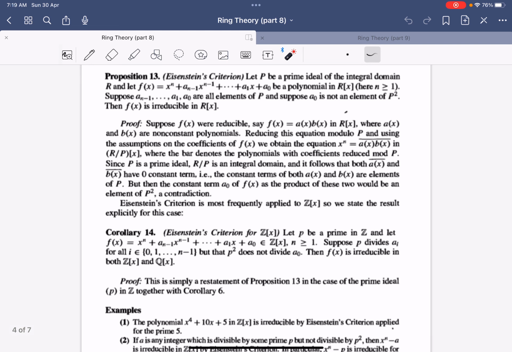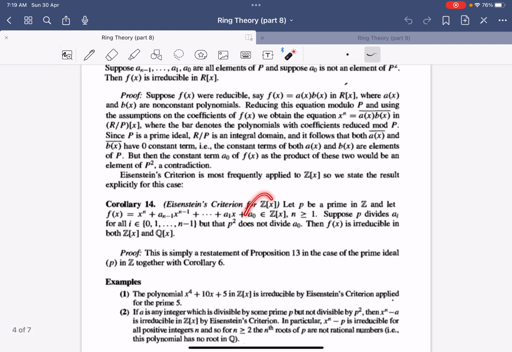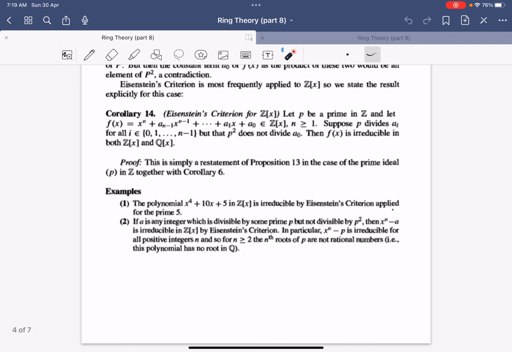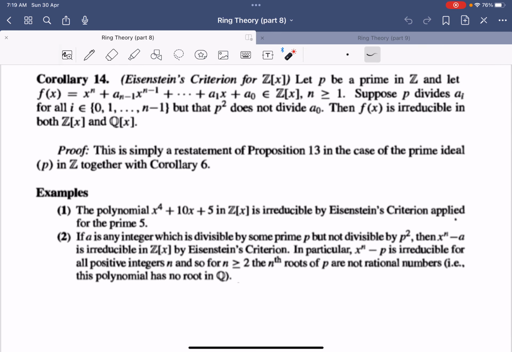So we can see that this criterion is very frequently used, and a corollary of that is, when you take integer coefficients, it reduces to saying that P divides a_i for i from 0 to n minus 1, but P squared does not divide a_0. So we'll take a look at many examples now to familiarize ourselves with how to solve questions in this.